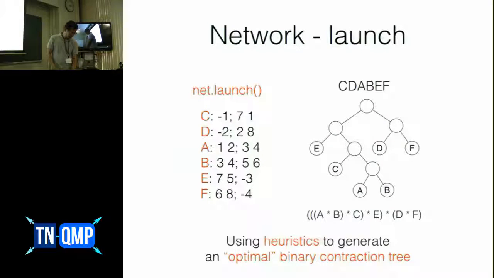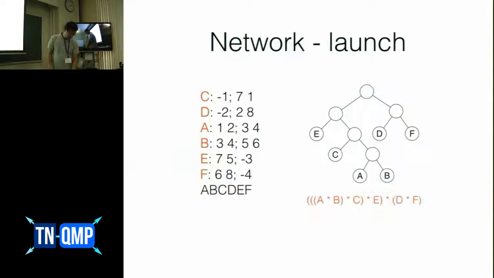We build a contraction tree based on the given order, and try to locally optimize. Can you force the library to do the sequence that you want? Yes. You just use the brackets, and then you force the library to contract, if you already know the best option.